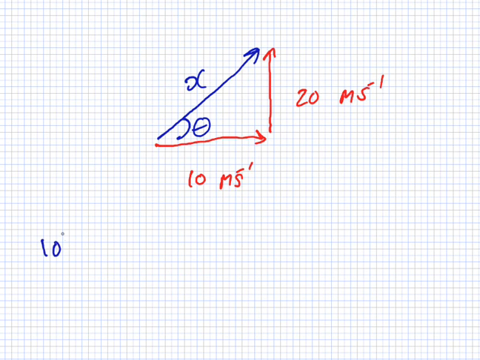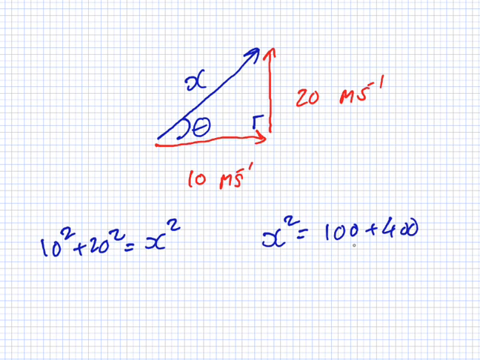So 10 squared plus 20 squared equals x squared. So x squared is equal to 100 plus 400, so x squared is equal to 500.